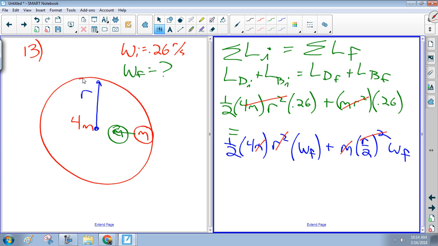So on this side of the equation, you get 0.78. Equals, on the other side, 2.25 omega f, and then you divide, and you get your omega f. Follow?